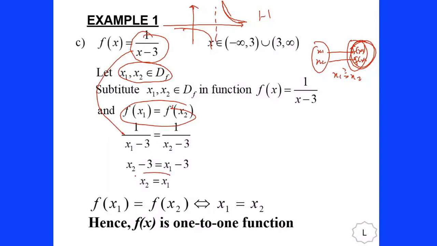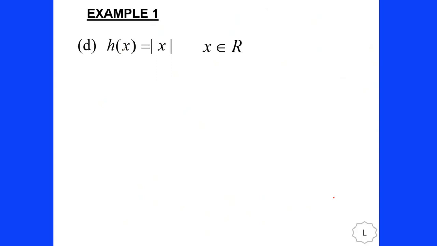Okay, simplify and we get it. So now we said these are equal, implies they are the same. Okay, so f is a one-to-one function. From the graph we also get a one-to-one function. Right? Okay, D, this is the V shape graph. The graph is like this because sometimes we know its graph pattern.